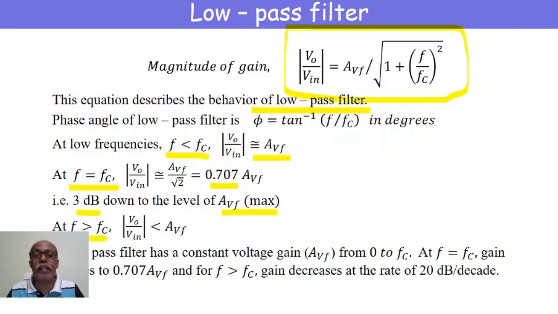Similarly, if f is greater than fc, then V0 by Vin will be less than AVF. The low pass filter has a constant voltage gain from 0 to fc.